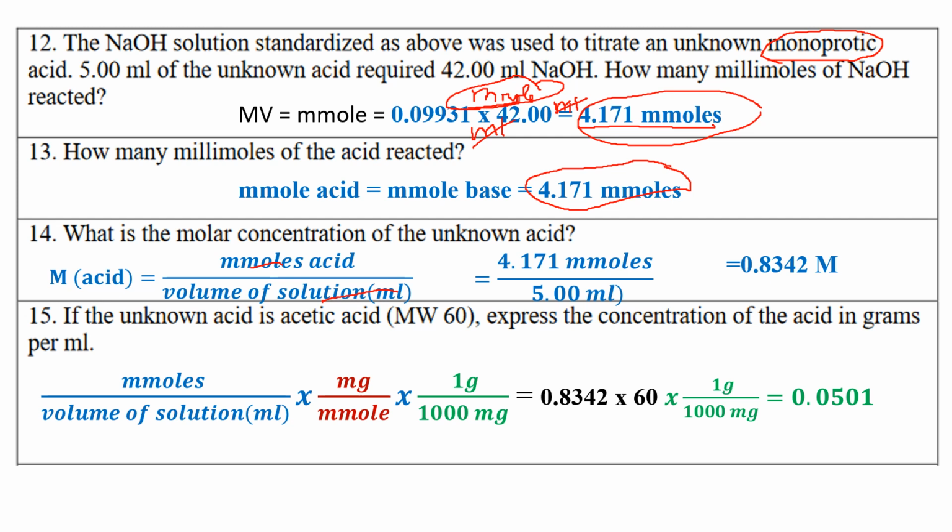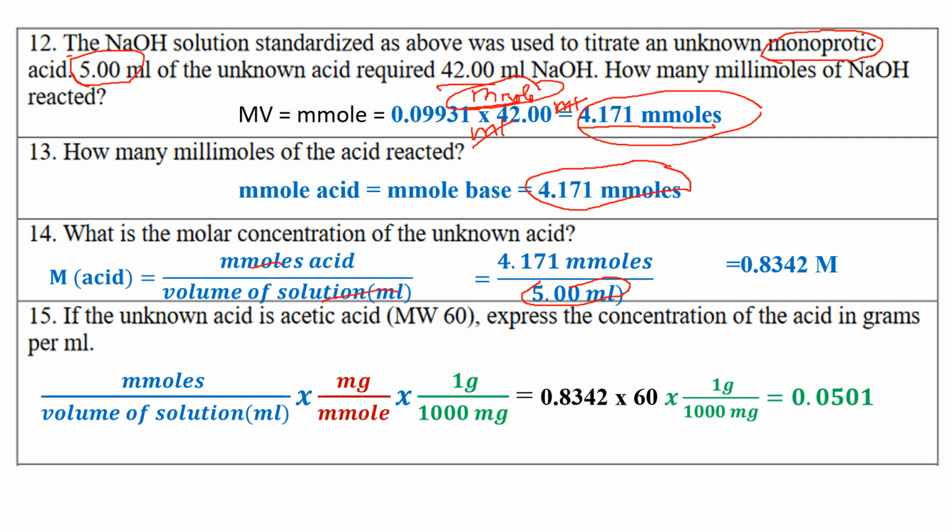You have 5 ml. Saan galing yung 5 ml? Dito, oh. Kasi ito yung sa acid. Remember, the question says 5 ml of the unknown acid required. So 5 ml of acid, ito yung base. You have to be able to distinguish alin yung sa acid, alin yung sa base. 5 ml of the acid, ito.